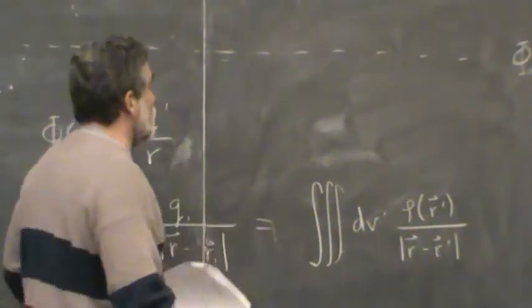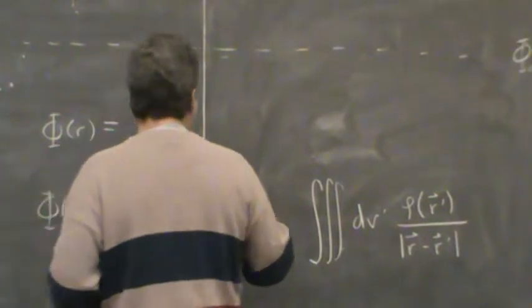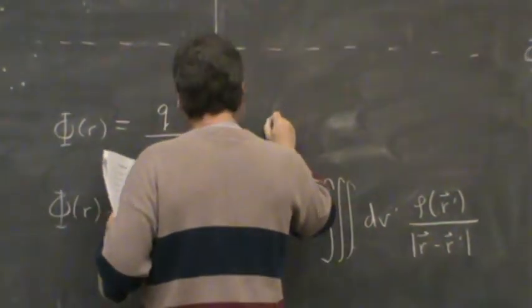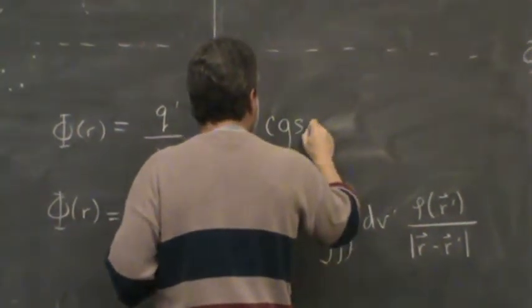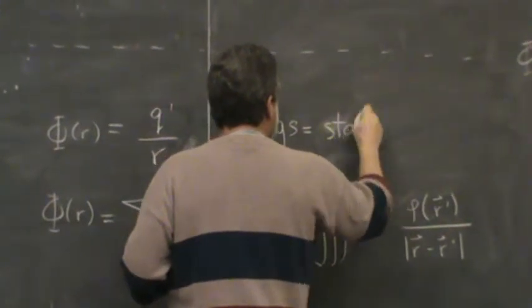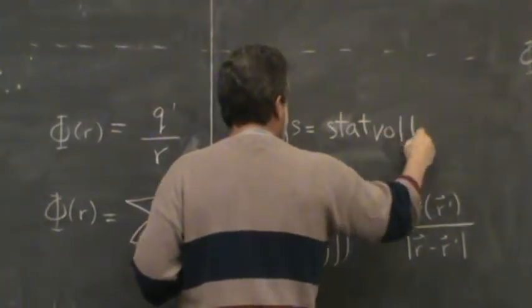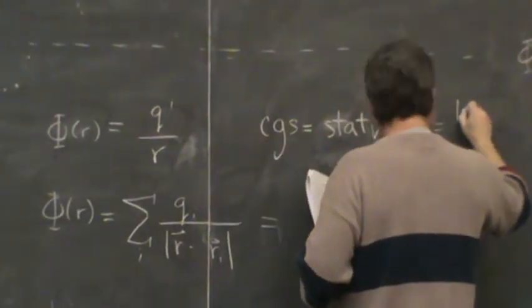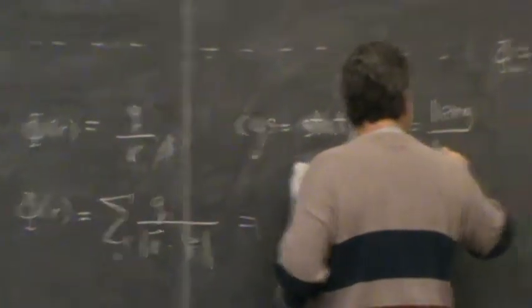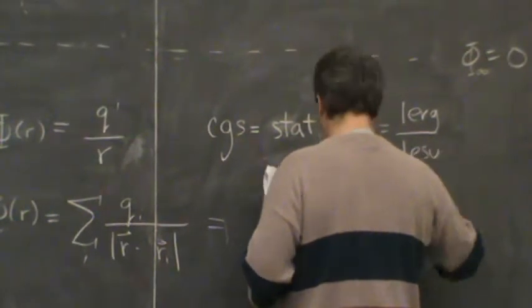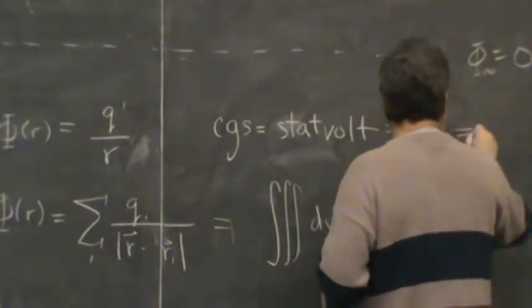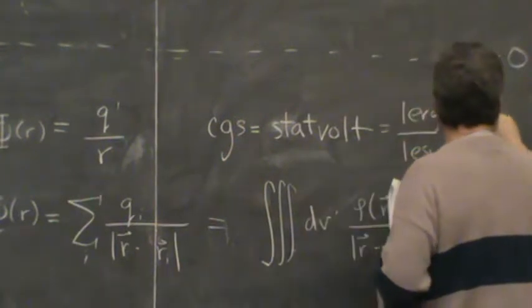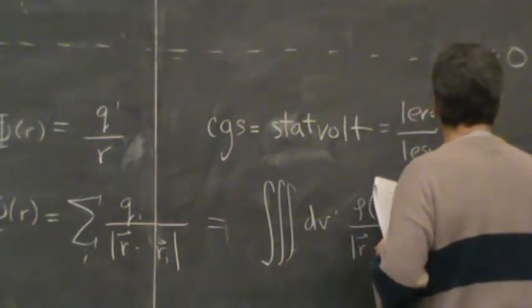The CGS unit for this potential is the statvolt, which is 1 erg per ESU, which is approximately equal to, no, it's not approximate. Oh, it's always approximate.